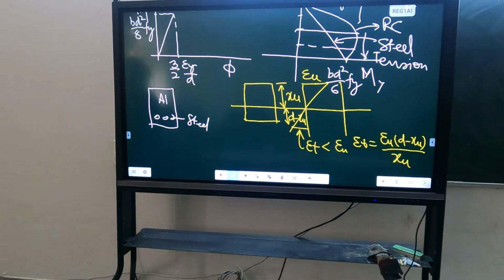Now first we draw qualitative, how will it look like, then we will do quantitative. Yes, depending on where the neutral axis is. So depending on the neutral axis, it will remain or it may become like that. Both possibilities are there.